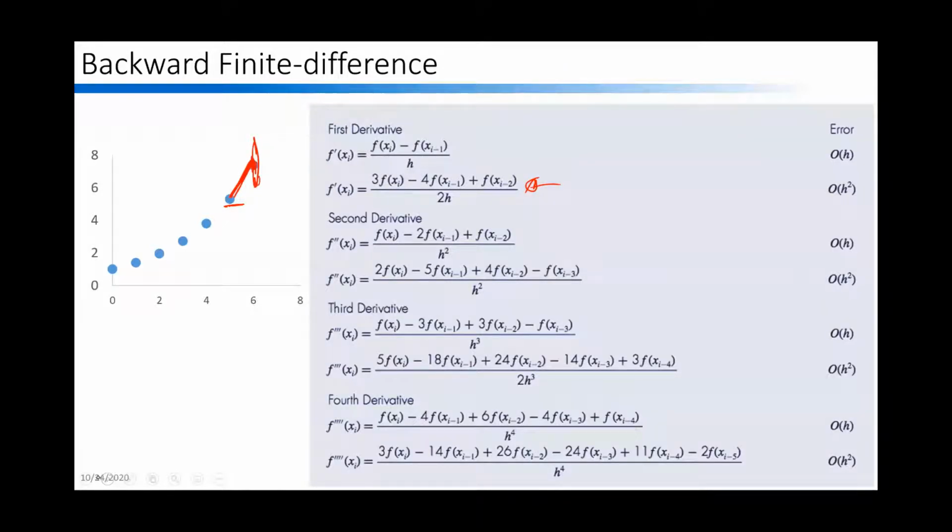We can go through and do the second derivative, the third derivative, the fourth derivative, etc. In all these cases, we're taking our point and only looking backwards. Okay? So we have all of these differences here. Once again, if you want this table to reference, it's on page 555 in your book. You can have that first order estimate as well as the second order estimate.